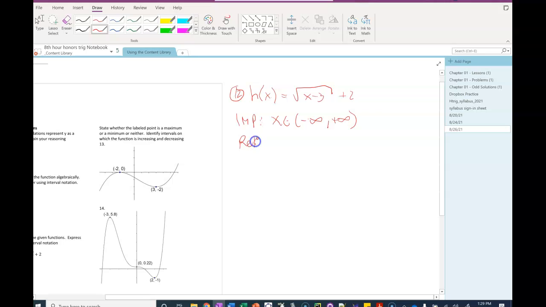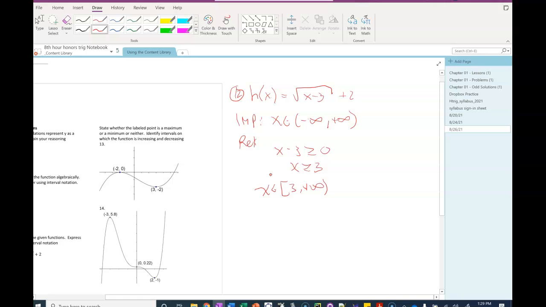For the relevant domain, the operations I see going on are addition, subtraction, and square roots. Of those, the square root is the only one that I need to worry about. So I'm going to take everything underneath the square root and say that has to be non-negative. To solve that inequality, we add 3 to both sides. So my domain is that.